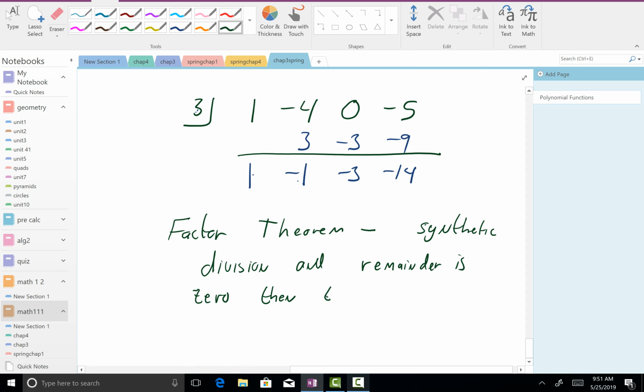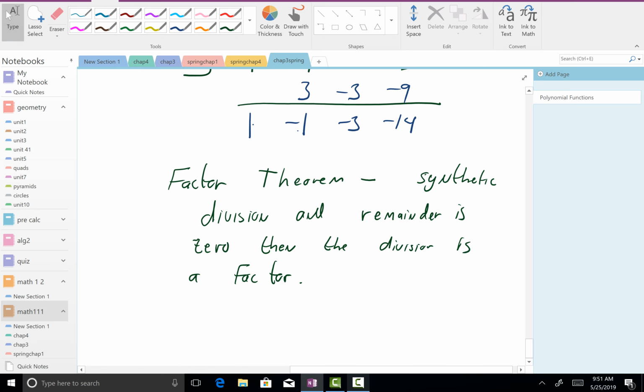Now, I'm never going to ask you what the factor theorem says, okay? That's not important to me. But I'm just telling you, that's what's in the book, okay? However, you can use synthetic division or graphing to answer those questions.